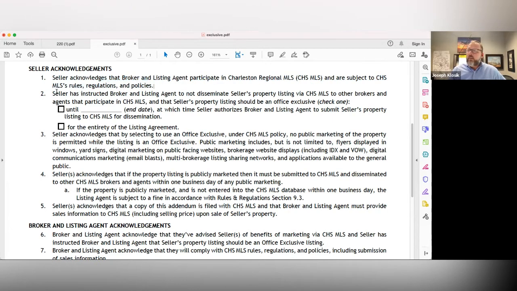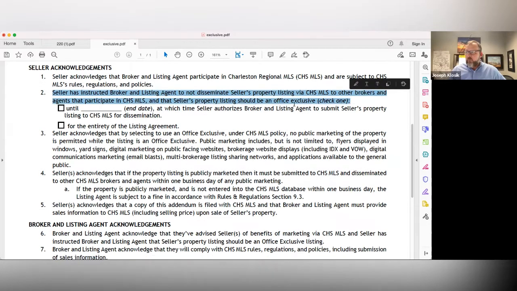You can then instruct the broker, you are instructed not to disseminate the seller's property listing via the MLS and other brokerages until one of the two, or it should be an office exclusive until one of the two. This, which is basically the end date at which time the seller authorizes the broker and listing agent to submit the seller's property listing to the MLS for dissemination, or for the entirety of the listing agreement.